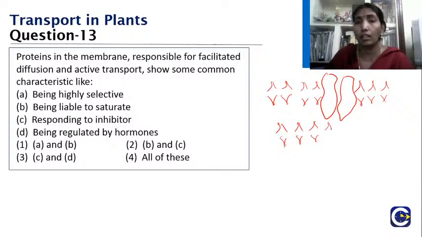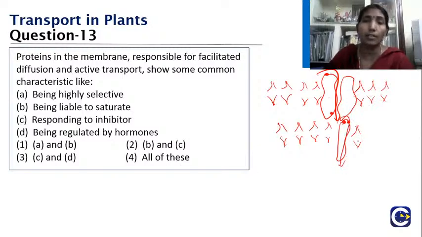What are they? They are nothing but those channels we are talking about. So here what will happen? There will be binding of the particular molecules, and there will be a conformational change happening in these molecules which will push the molecules either inside or outside the cell.